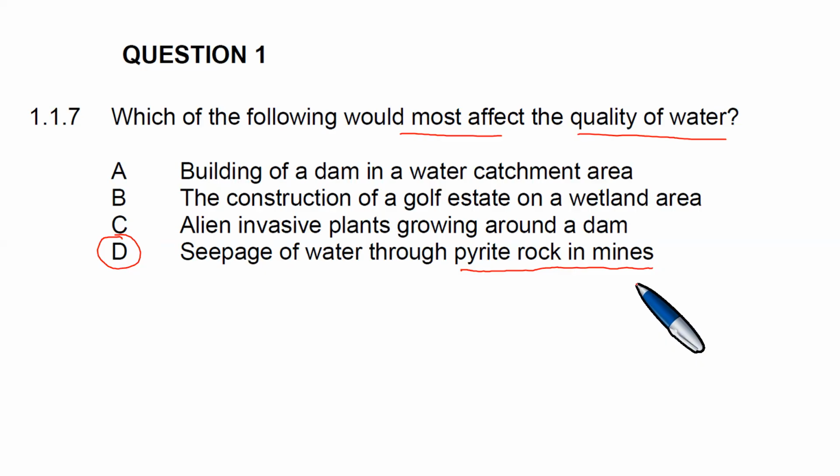So we understand the effect of mine operations on the quality of water we drink, in particular if there's seepage of water through the pyrite rock in mines, and therefore that would most certainly be the correct response. Right, we continue. Next question.